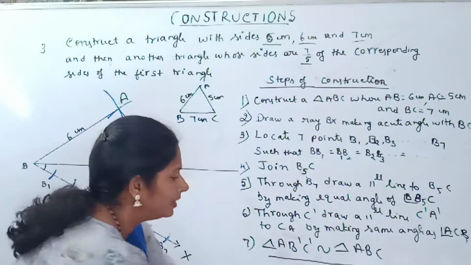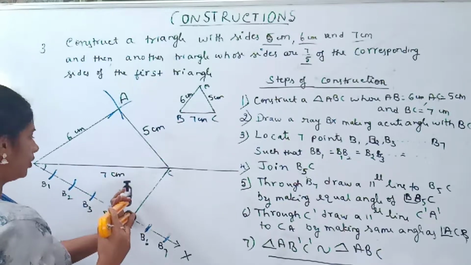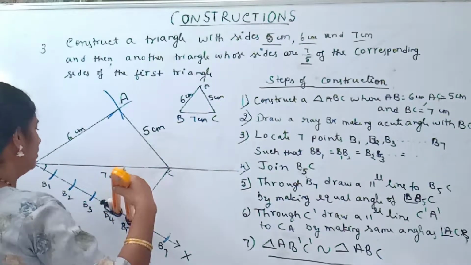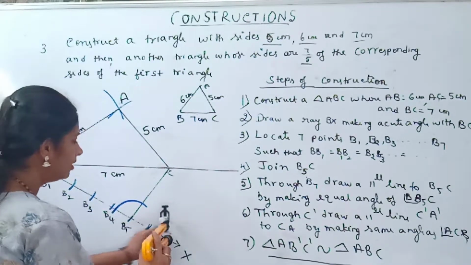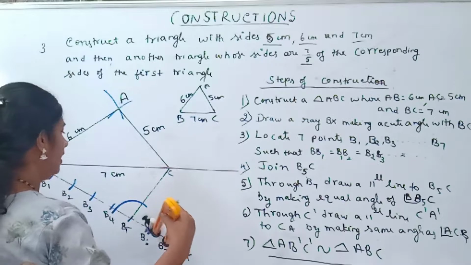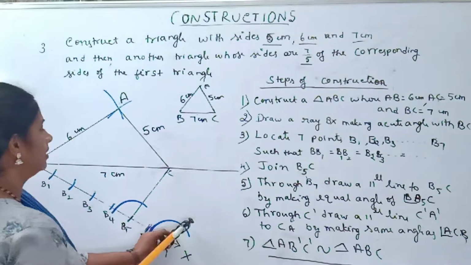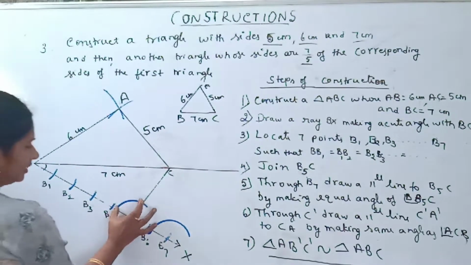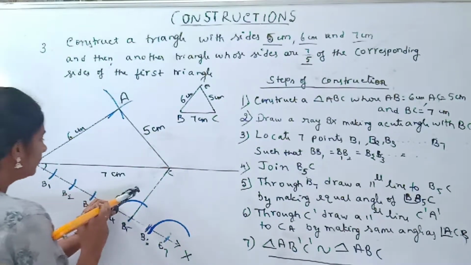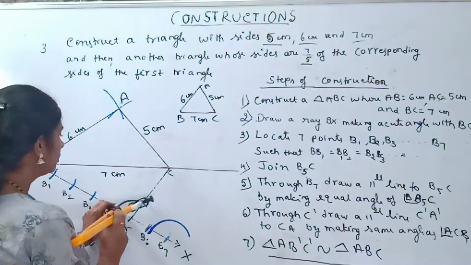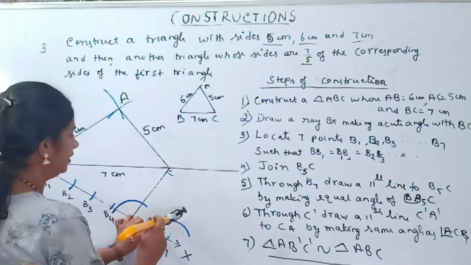Now take compass, keep your compass on point B5 and draw one arc like this. Same measurement, keep your compass on B7 and draw arc like this. Now you have to measure the angle formed between these two lines. Measure the angle, and same thing you are going to construct here.